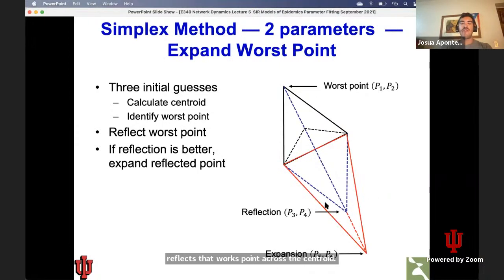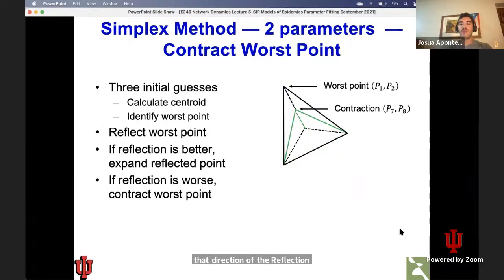If that reflection is better, then it expands the simplex in the direction of the reflection. If the reflection is worse, it contracts the worst point in the direction of the centroid.